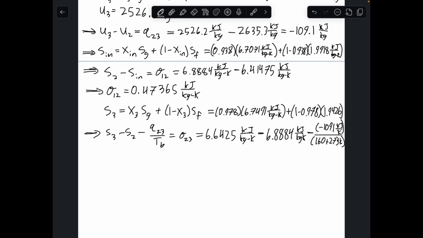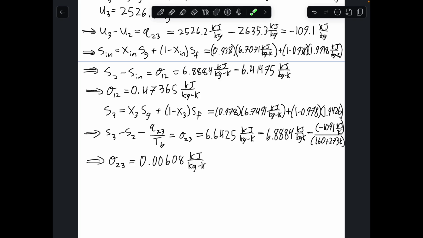So then you plug that all into your calculator and you get sigma from 2 to 3 should be equal to around, I think I got 0.00608, somewhere around there, kilojoules per kilogram Kelvin.